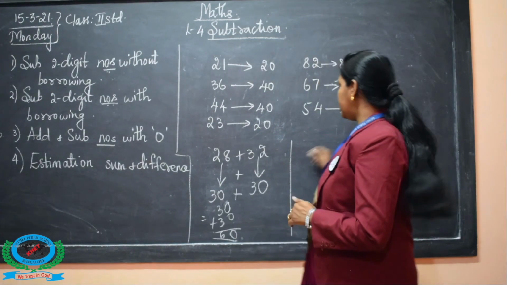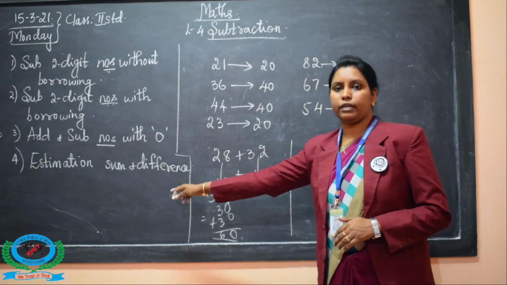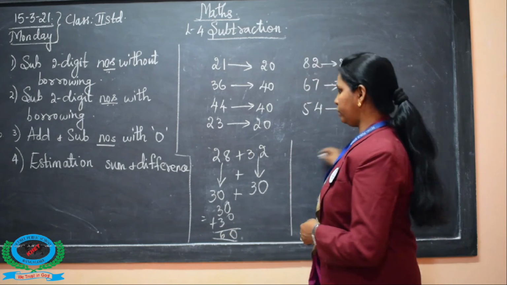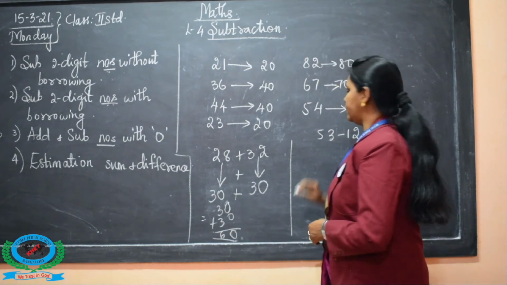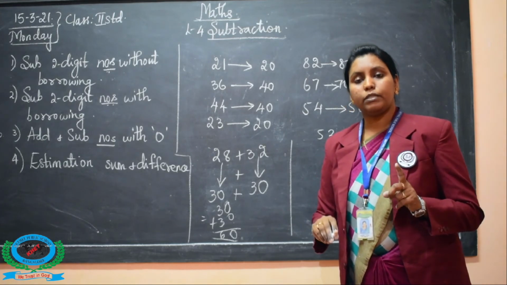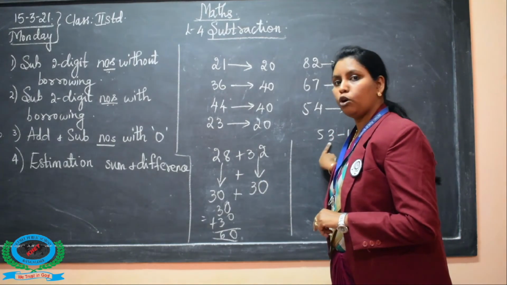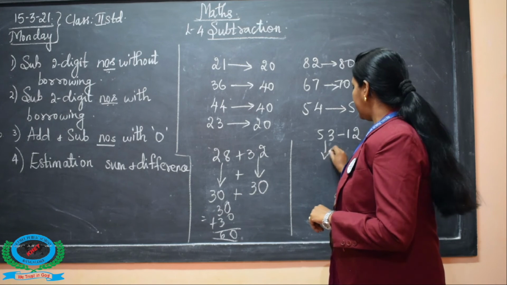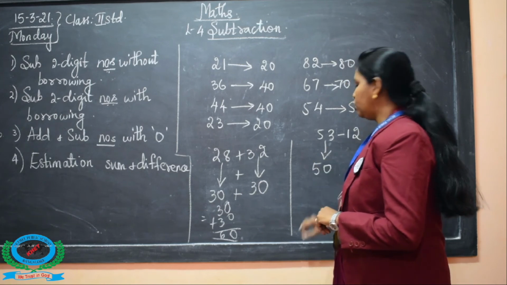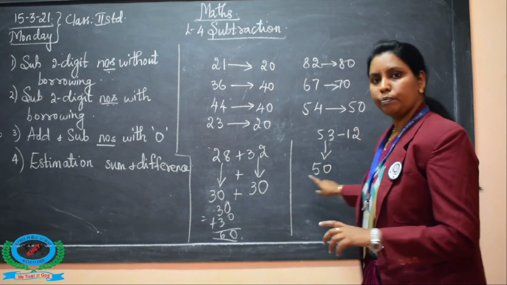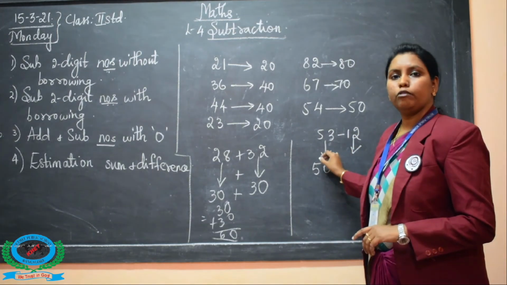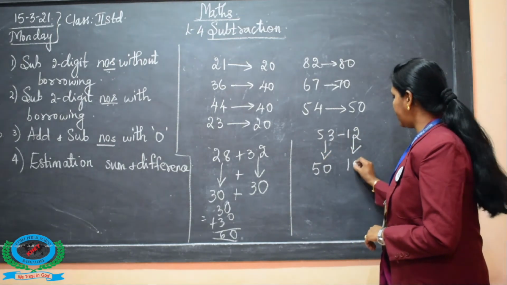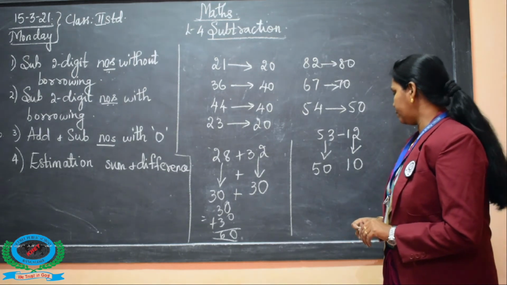We'll see what happens in the difference, that is subtraction. If we take two numbers, 53 minus 12 here, the first step is to find out the estimated number of 53, that is 50. 50 is the nearest number to 53, and the estimated number for 12 is 10.